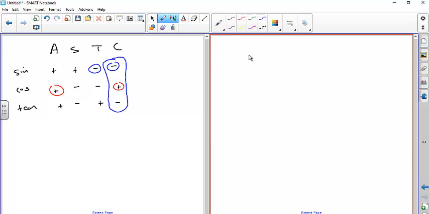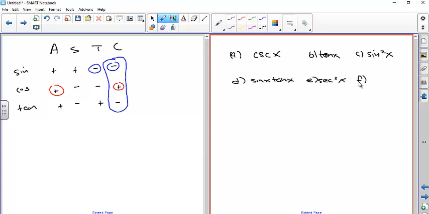So what we have are these six functions, and they're not all just simple functions. So A is cosecant, B is tangent, C is sine squared, D is sine x tangent x, E is secant squared x, and F is secant squared x plus tangent squared x.